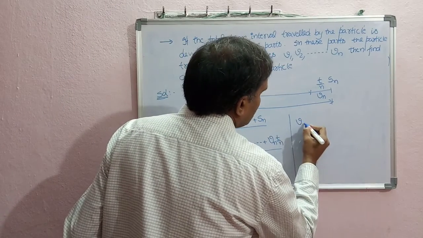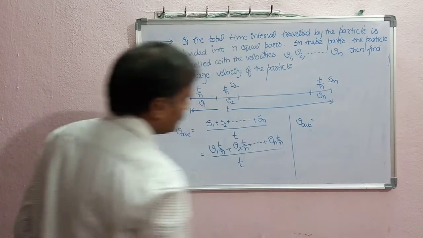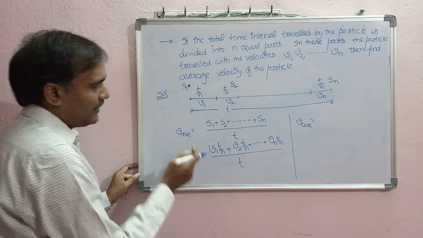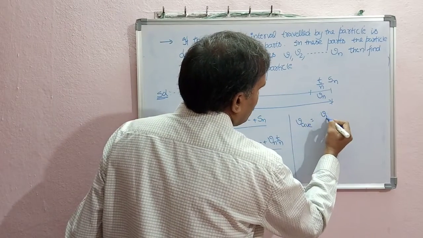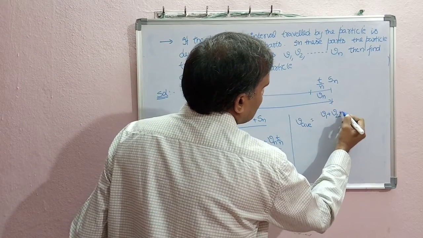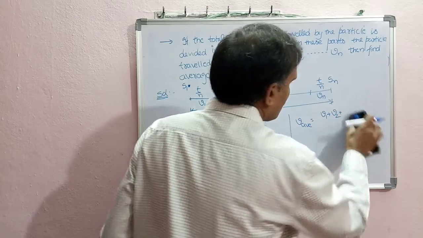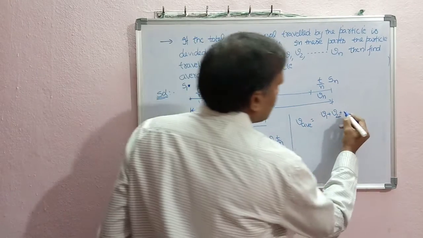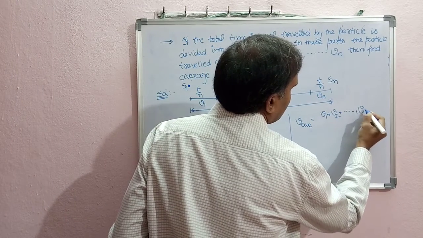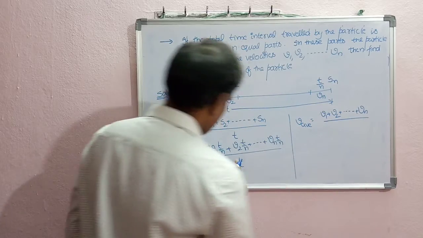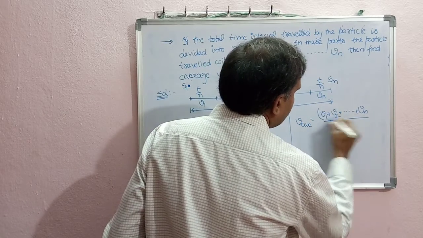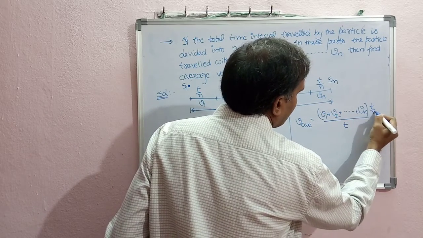Now, average velocity V average is equal to V1 plus V2 plus so on up to Vn divided by t into t by n.